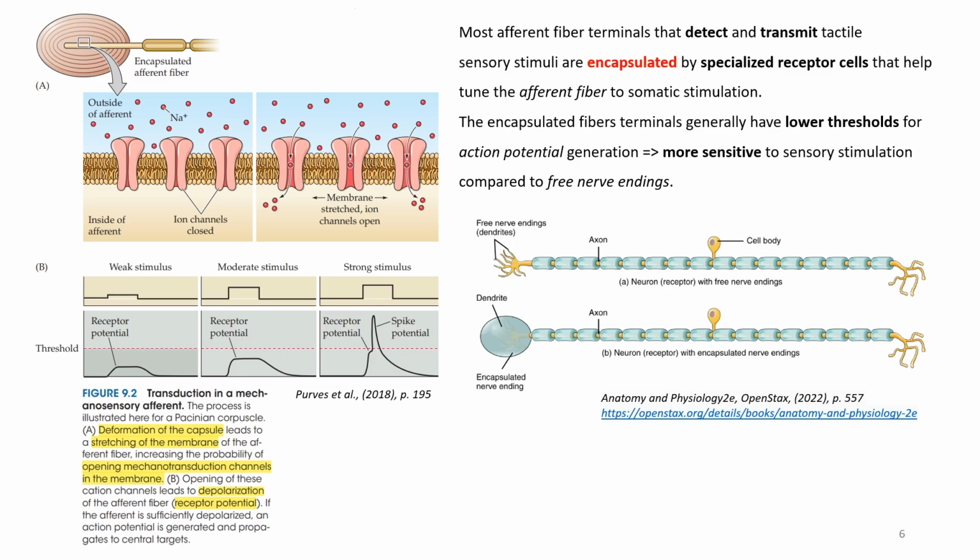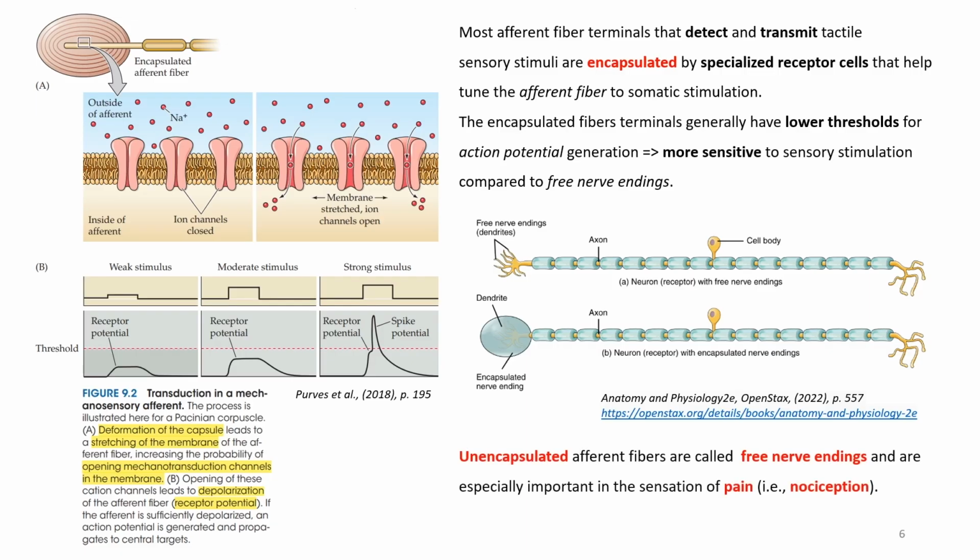And these encapsulated fiber terminals usually have lower thresholds for generating action potentials, meaning that they are more sensitive to sensory stimulation compared to free nerve endings. On the other hand, unencapsulated afferent fibers, also called free nerve endings, are crucial to the perception of pain, also called nociception.